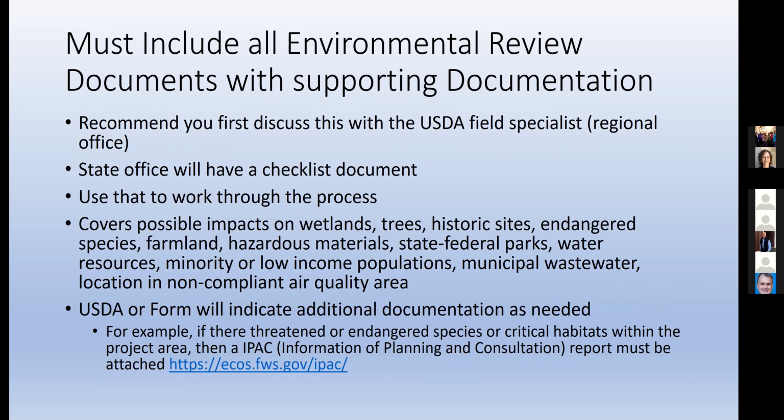These have to be addressed in the form. And you would include additional documentation as needed. So if, say, an endangered species or critical habitat was within the area of your project, then you'd have to file the appropriate report for that.